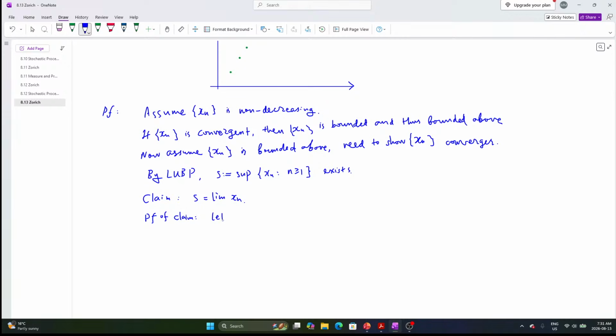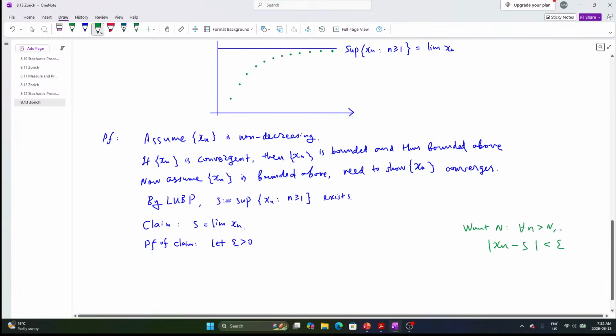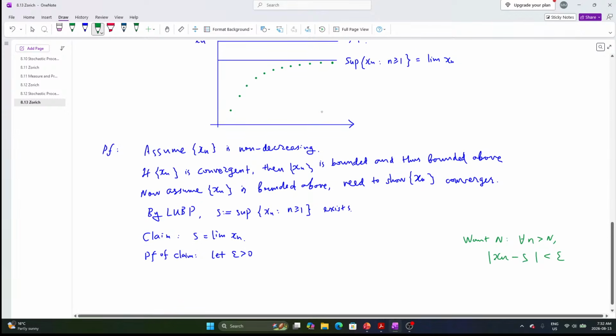Let epsilon greater than 0. Okay, what do we need? We want to show there exists big N such that for all little n greater than big N, the absolute value of xn minus S is less than epsilon. Okay, so can we draw the situation on the graph here?